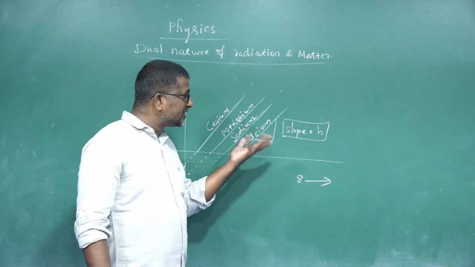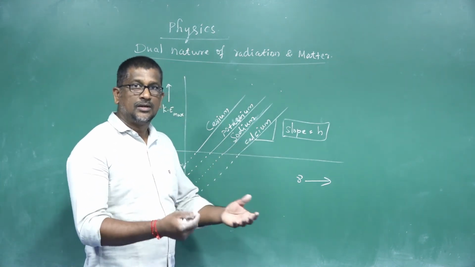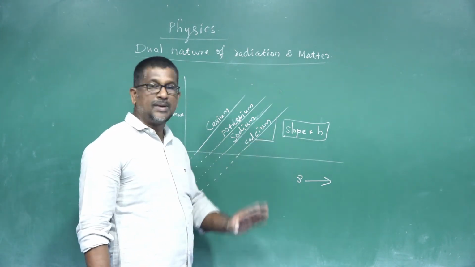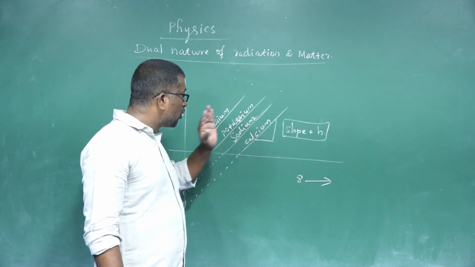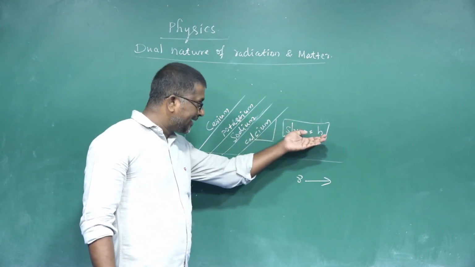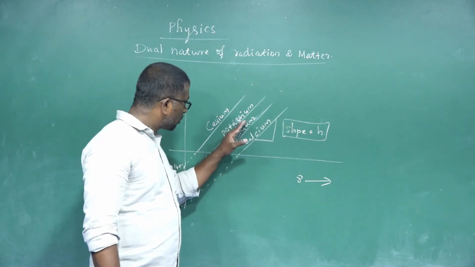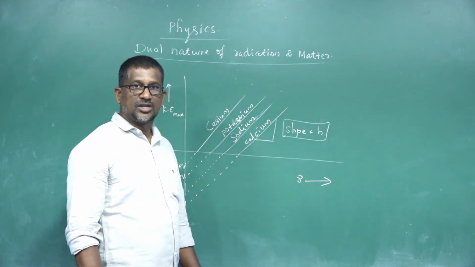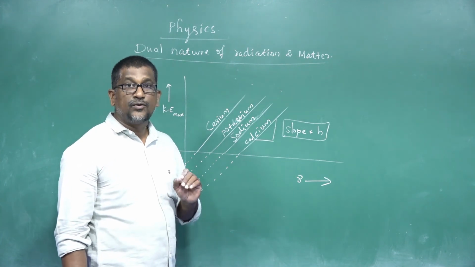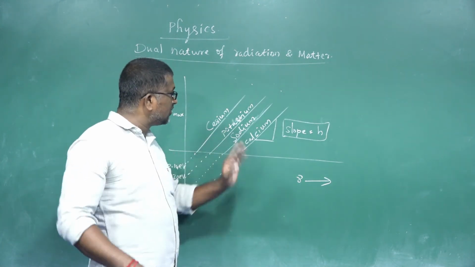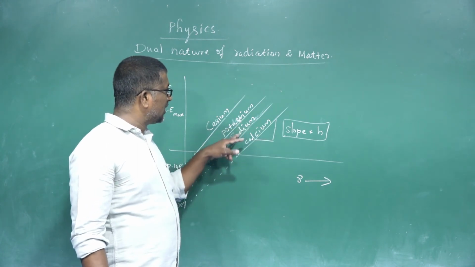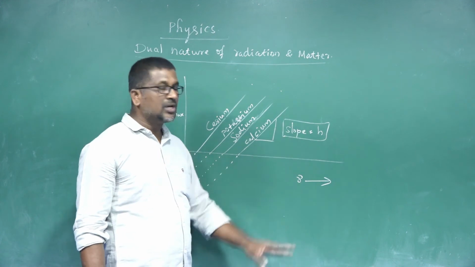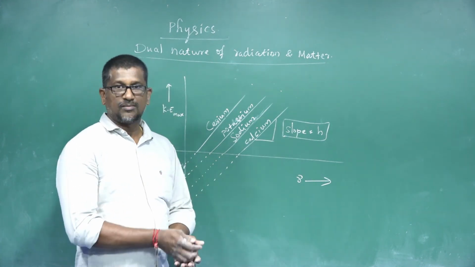If calcium is used, the slope of the line gives Planck's constant. If sodium is used, the slope gives Planck's constant. If potassium or cesium is used, the slope value is always Planck's constant. So Millikan experimentally found that for different metals, the slope of the line in the frequency versus maximum kinetic energy graph gives Planck's constant.